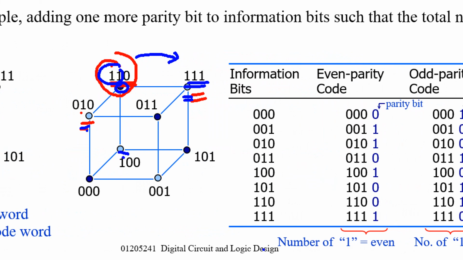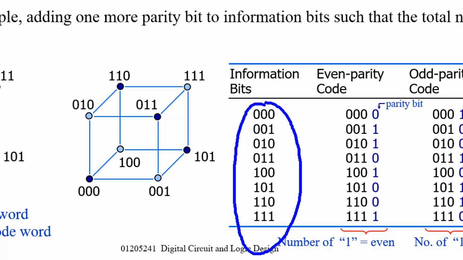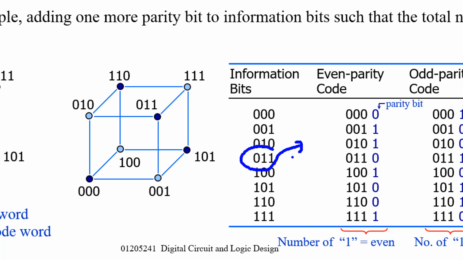So if I have some information bits like this, if I use 3 bits to represent 8 things and send this data directly, what happens? If a 1-bit error occurs, the receiver cannot know, because if this bit becomes an error, the receiver gets 111, and 111 has a meaning.